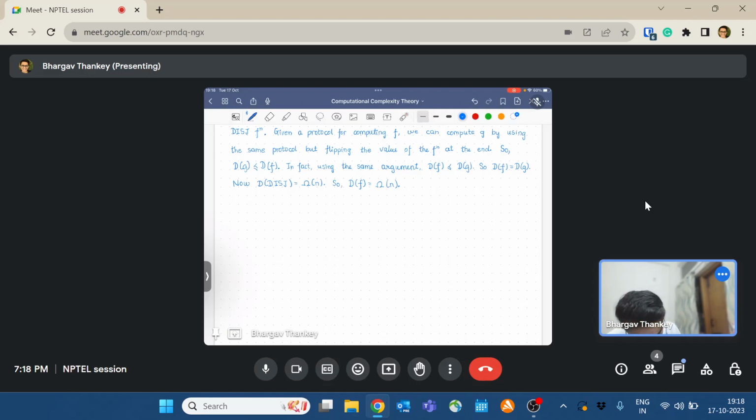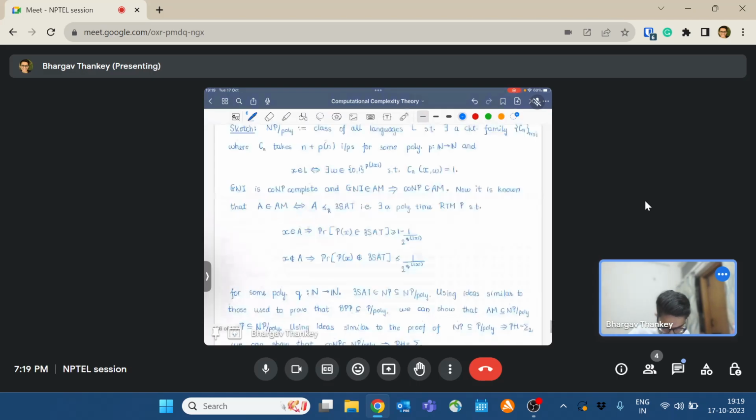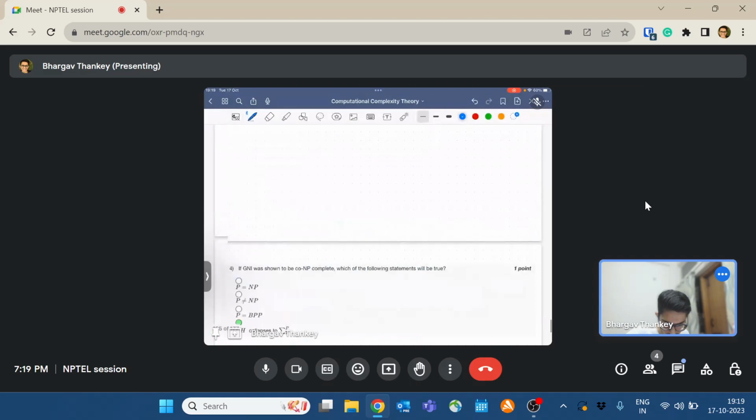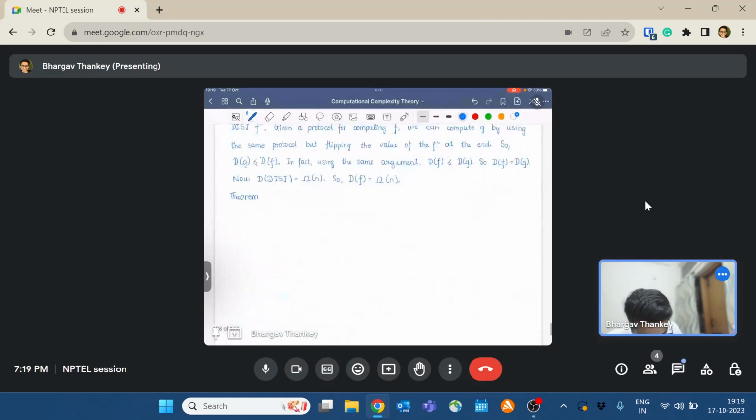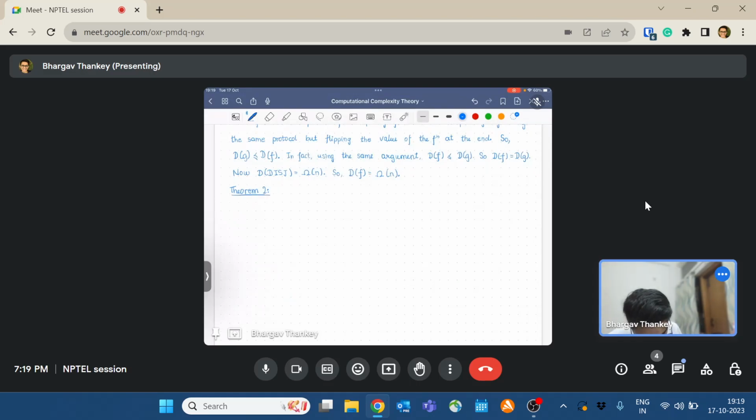So the proof is by the fooling set method.